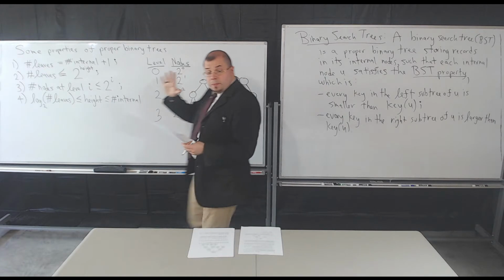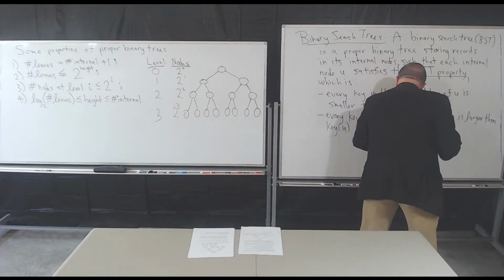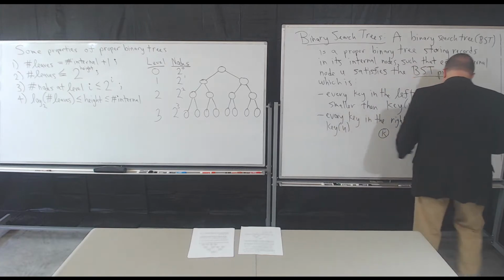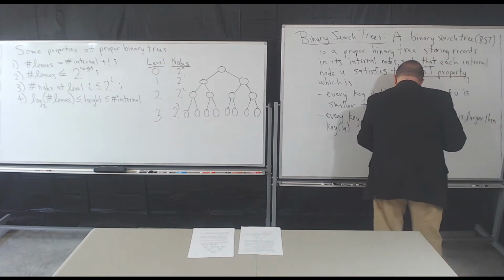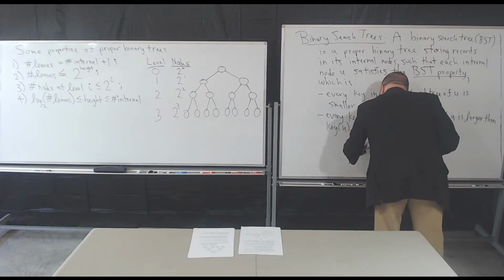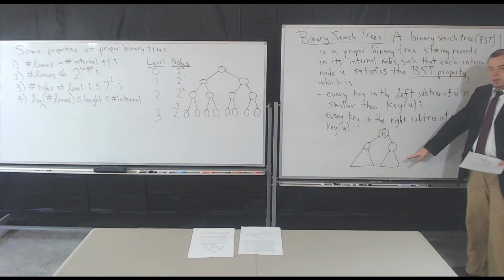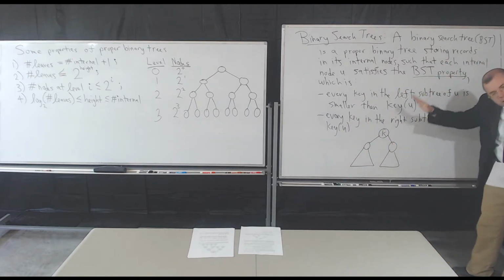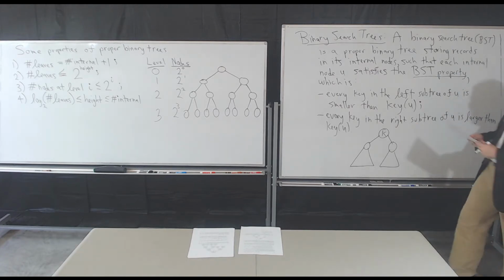So just to draw you a picture of what I mean by this. If I have some node, this is U. So that's its key. If I consider its left subtree and its right subtree, I'm going to often try to draw them with triangles below them to represent their respective nodes, because I don't know what the structure looks like below it, okay?